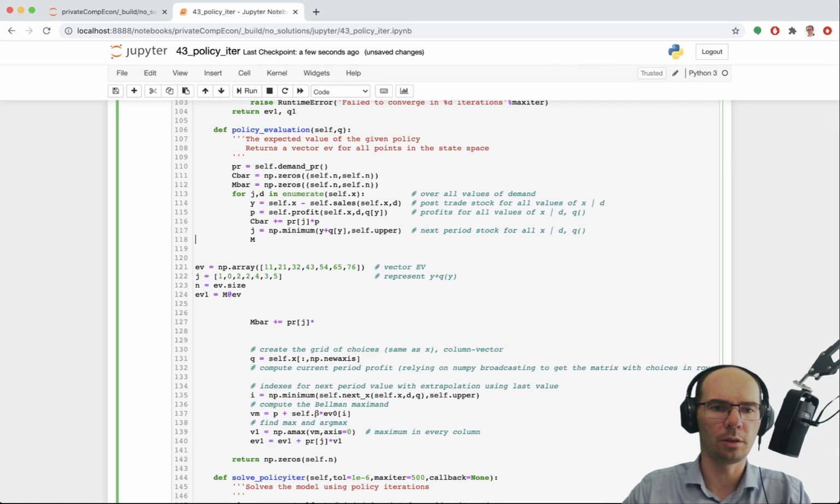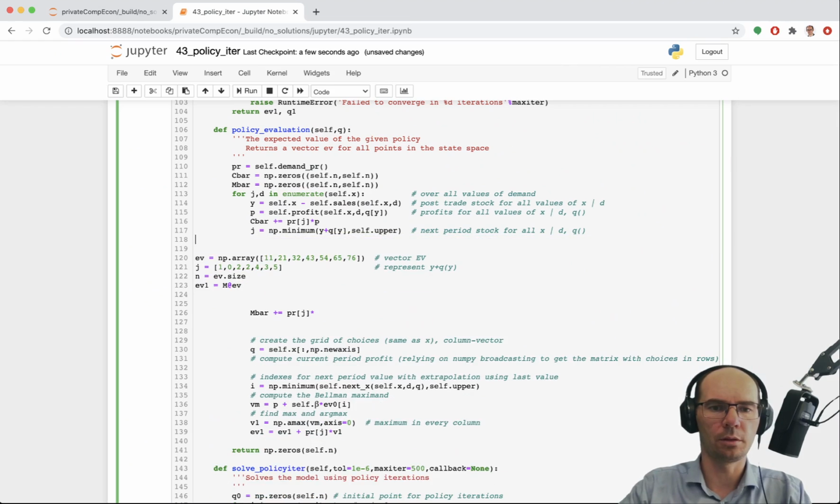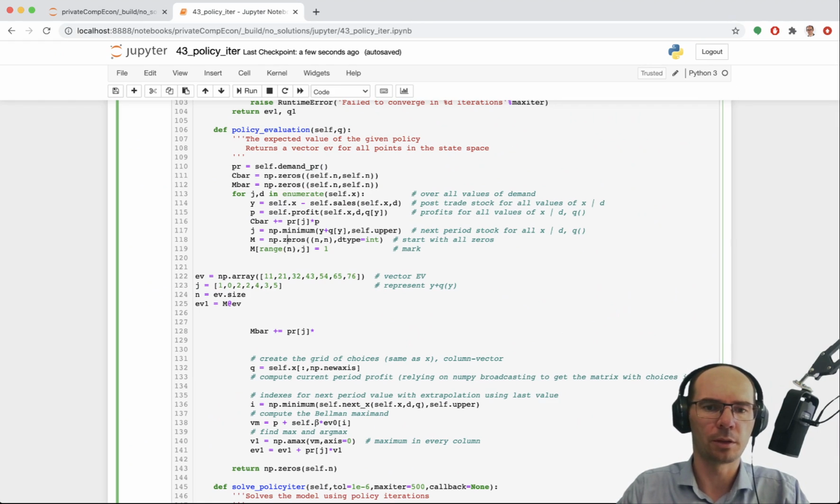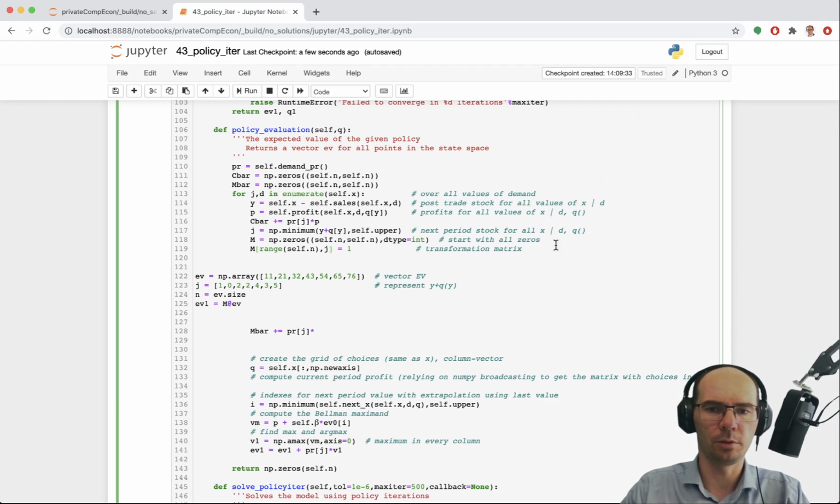And now we can create this M matrix, the matrix of reindexing, the transformation matrix. So this is going to be zeros with self n, the square matrix, integer, transformation matrix, range n and j. Again, self n, j equals 1. Good.